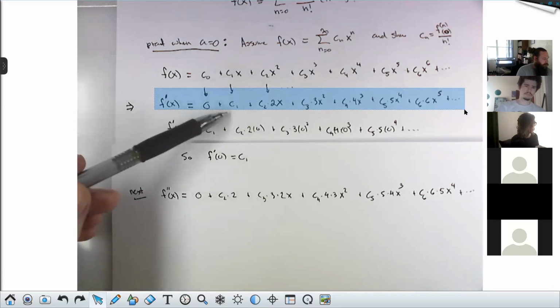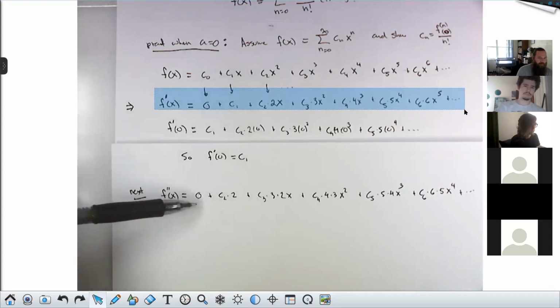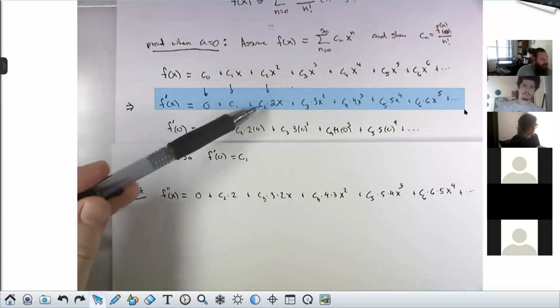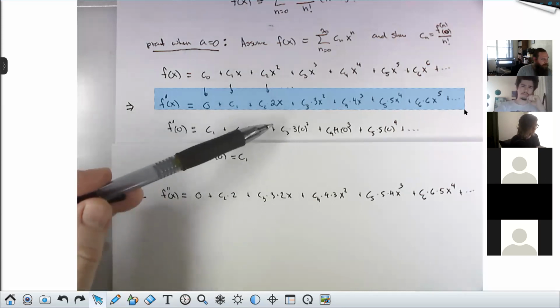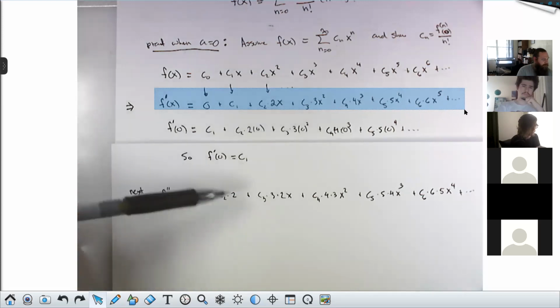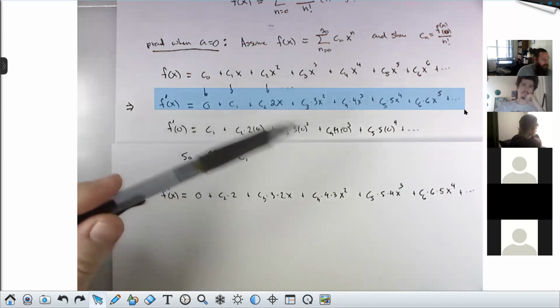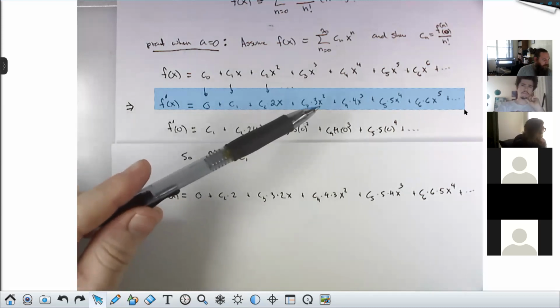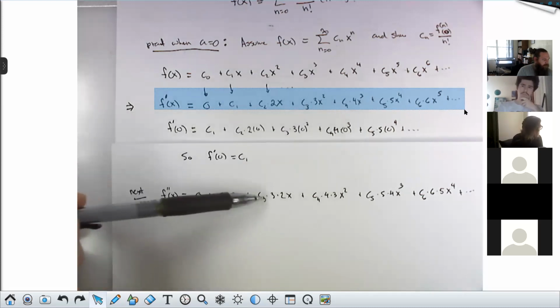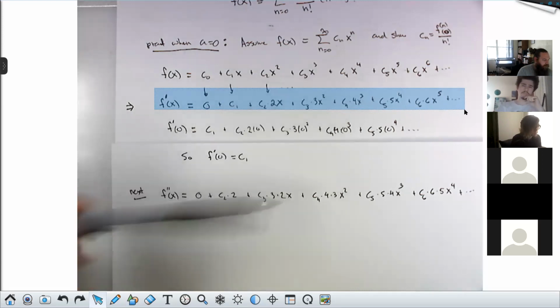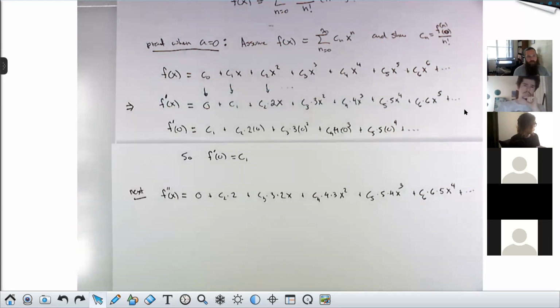The derivative of C1, it's a constant, is 0. The derivative of C2 times 2x, well, the x will differentiate to 1. So that's just going to be C2 times 2. The derivative of C3 times 3x squared, the C3 times 3 comes along. The derivative of x squared is 2x. I'm just doing that for every little piece here.